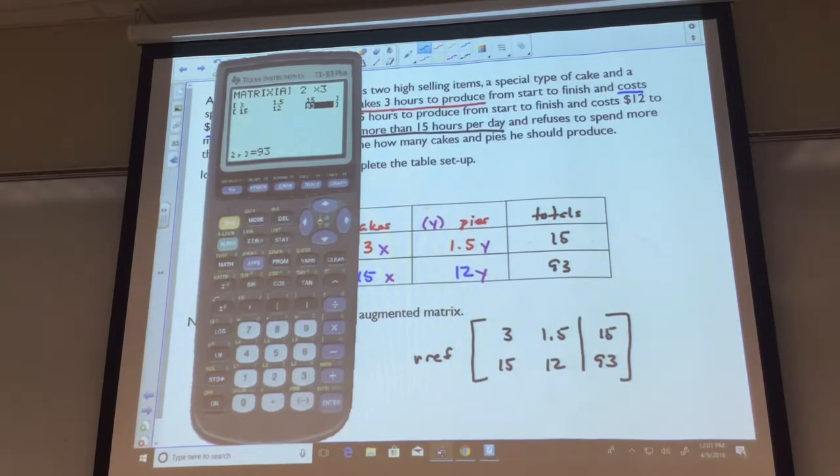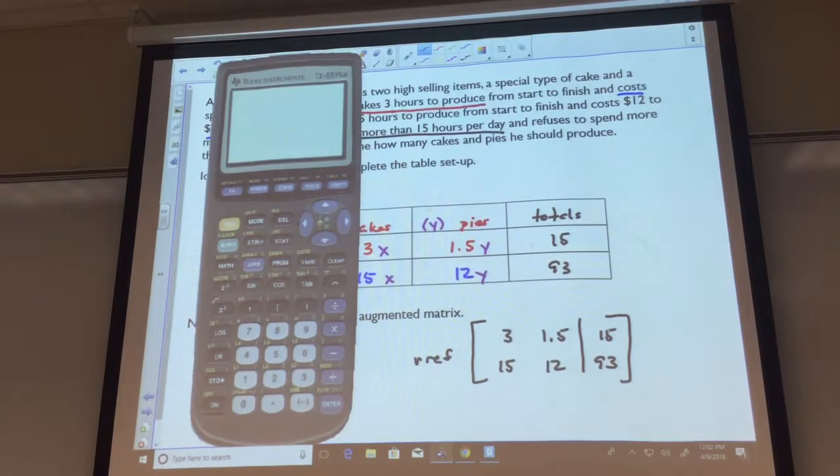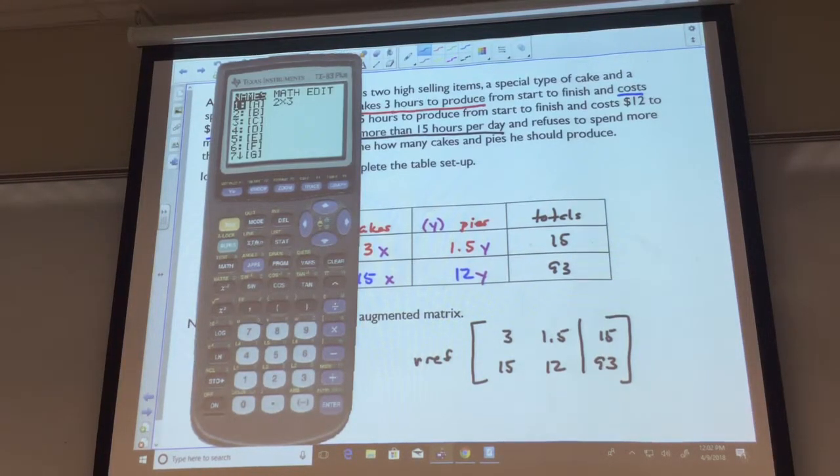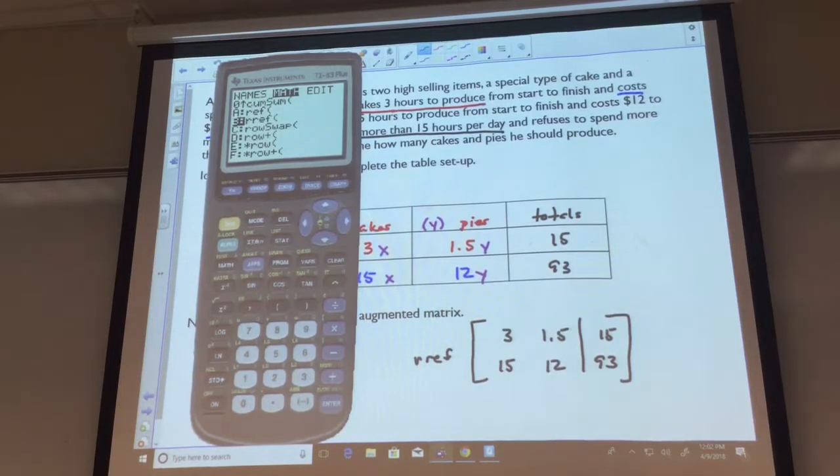Declare your intentions to edit. Put in the information. Get out of the matrix menu, because you're stuck in the editing phase right there. Go back into the matrix menu. Go into the middle column for math, and go find your reduced row echelon form.